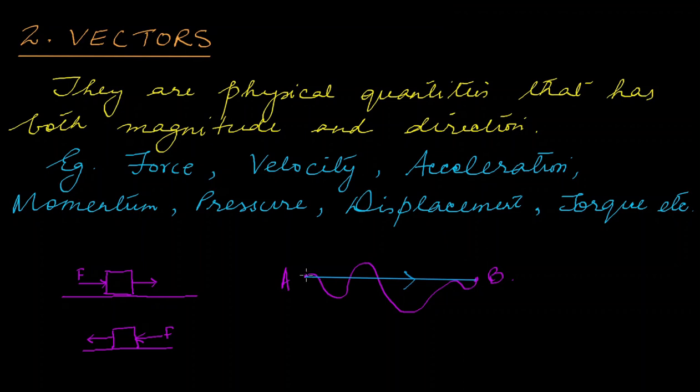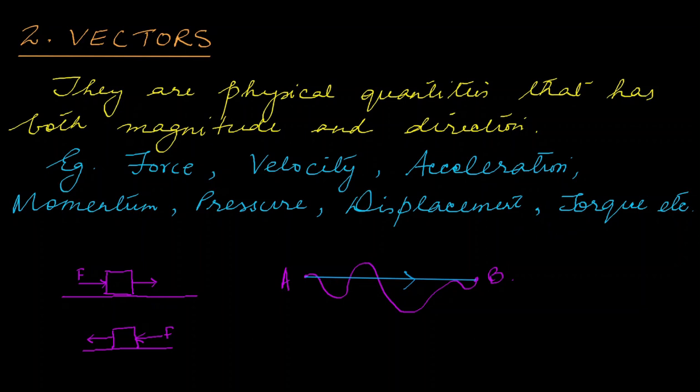Got it? Here the displacement is the length of the line AB, and the direction is from point A to point B. Similarly, torque has a direction as well as magnitude. All these quantities are vector quantities.